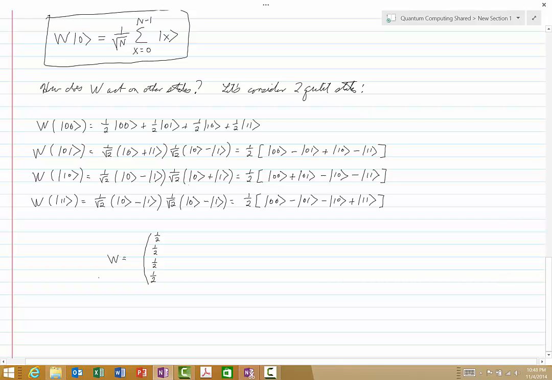This is for 2 qubit states. Okay, 1/2, 1/2, 1/2, 1/2 is the first column. The second column will be 1/2, and then minus 1/2, and plus 1/2, and minus 1/2.